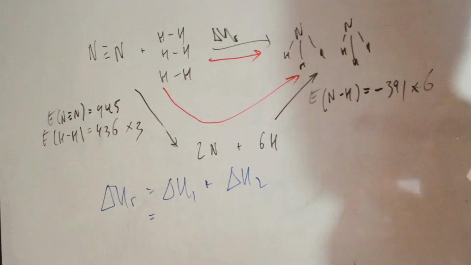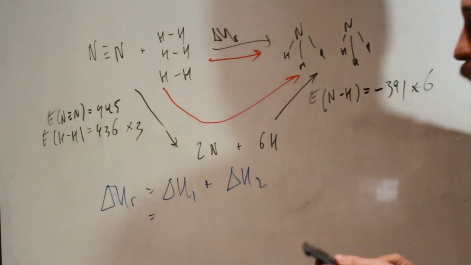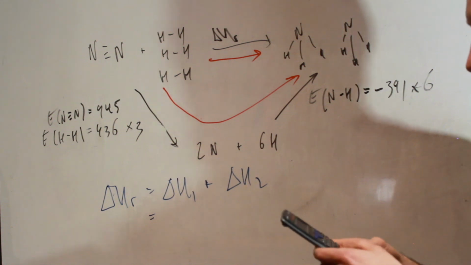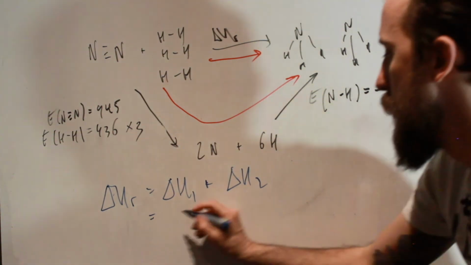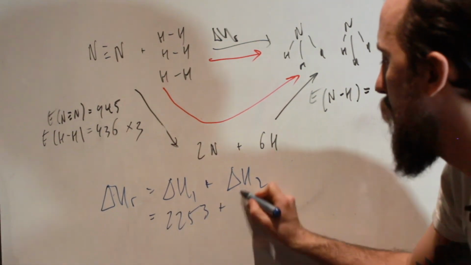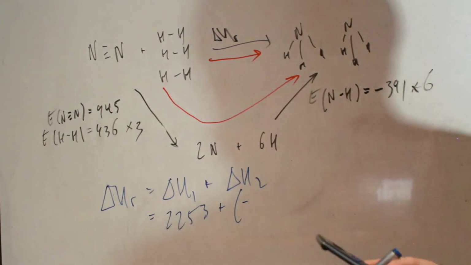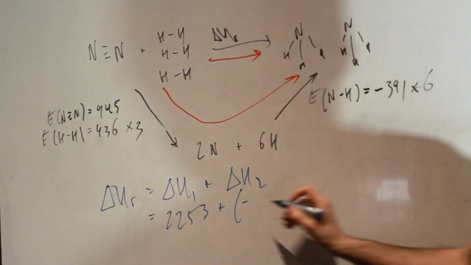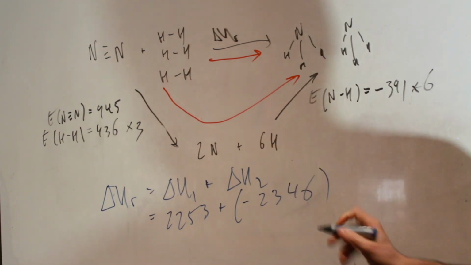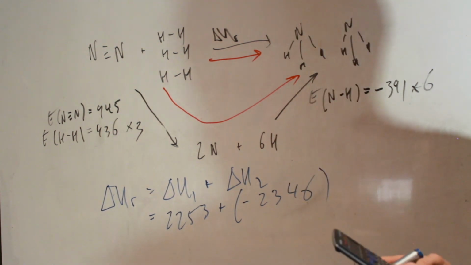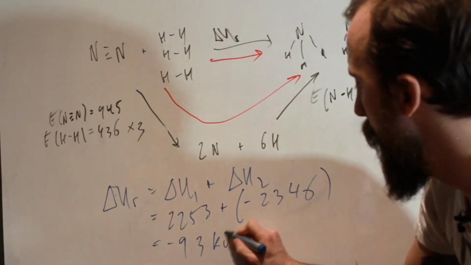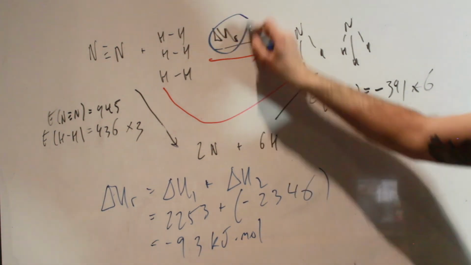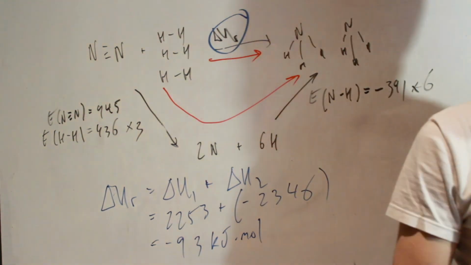For delta H1, we're given values of, old mate calculator, 945 plus 3 times 436 gives me a value of 2253. And then I'm adding that to the energy given off over here, which is 391 times 6, which is 2346. So if I go 2253 plus minus 2346, I get an answer of minus 93 kilojoules per mole for my delta H. That is equal to minus 93 kilojoules per mole of energy released.